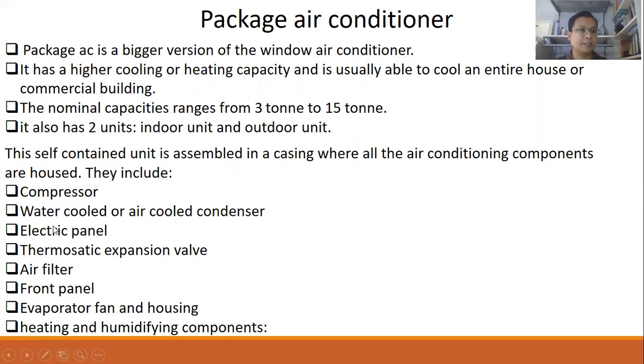They include the compressor, water cooler, electrical panel, thermostatic expansion valve, air filter, front panel, evaporator, fan, and housing, heating, and humidifying components. So this device is independently constructed in the package system.